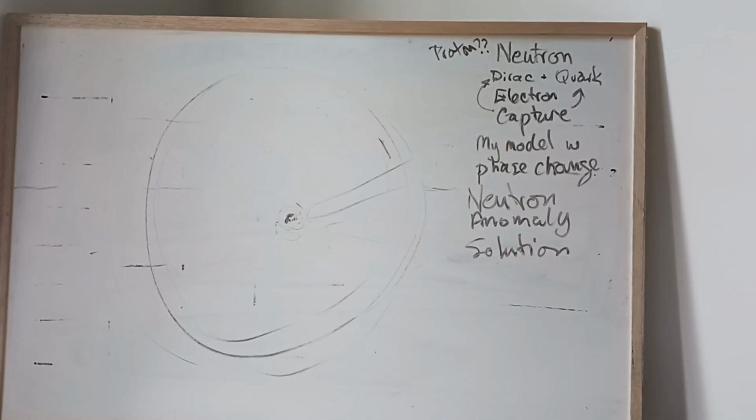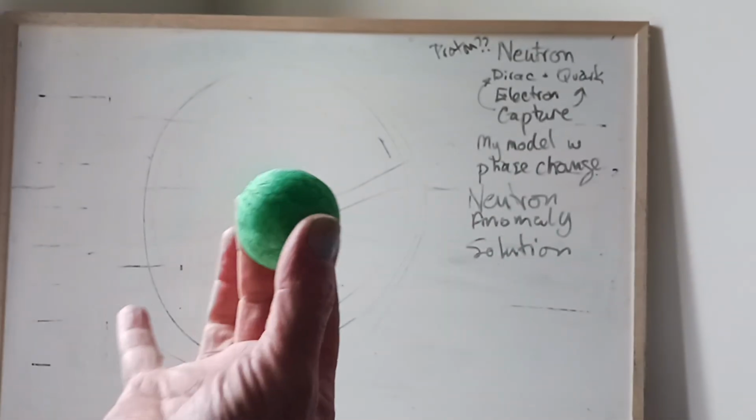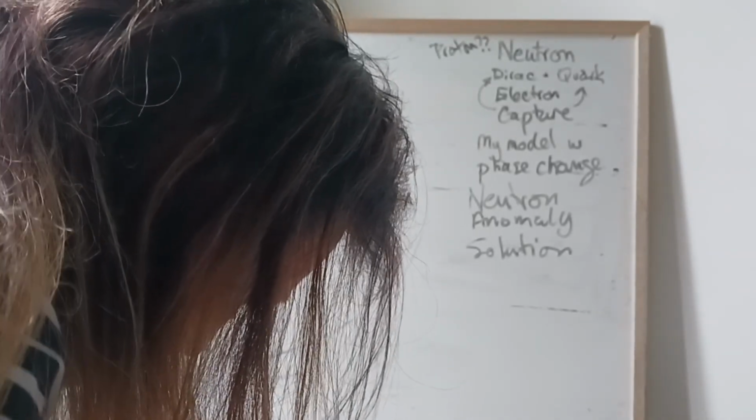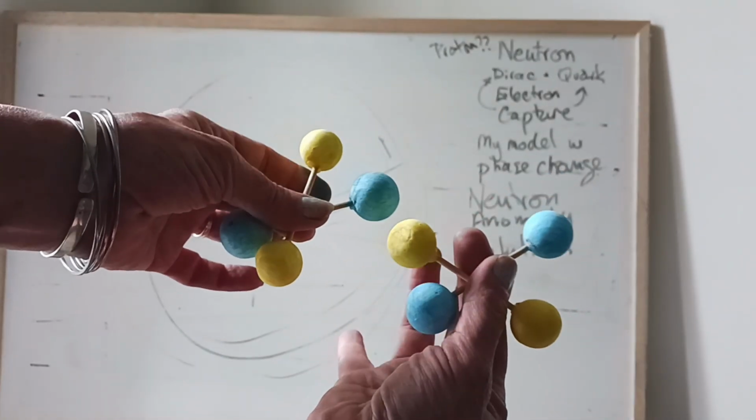And then when a neutron decays, what happens is one of the layers, basically, there you go, right? We neutralized two of these.